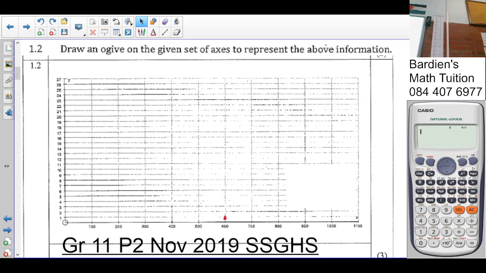Then the next one was 707. So it will be in line with this one here. As you can see, the border needs to be aligned again. The next one is 815.